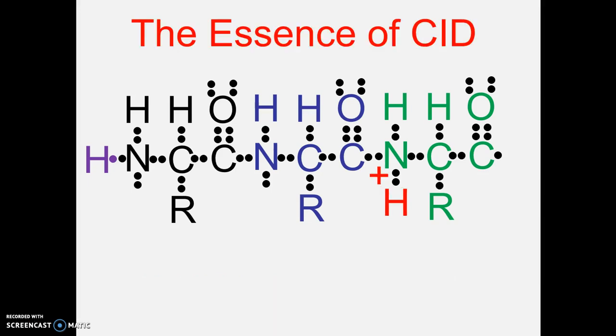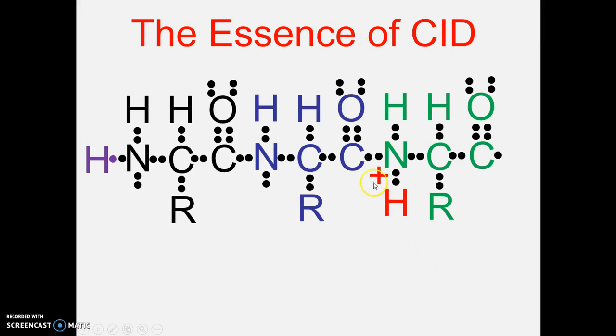And here we go. This is the essence of CID. Now pay attention. Look at this positive charge that was from the proton that had been bouncing around, and this electron. They're going to switch places. Whoa. And let's keep going back and forth just to make sure you see that. You've got an electron and a positive charge switching places.